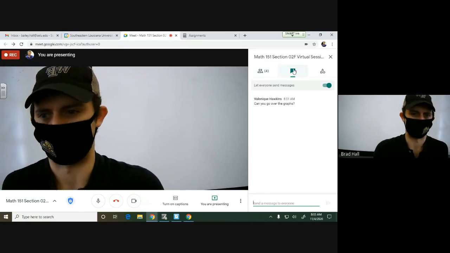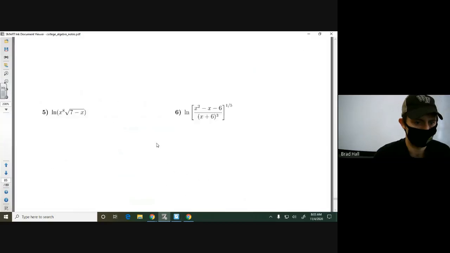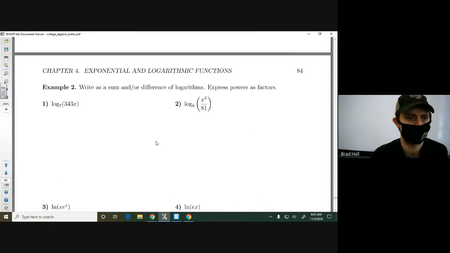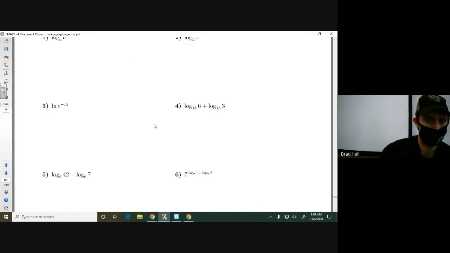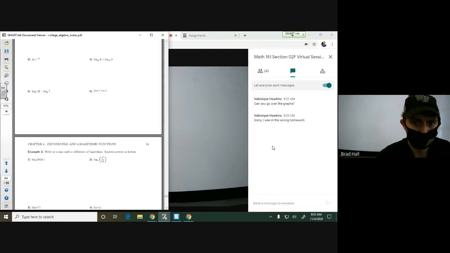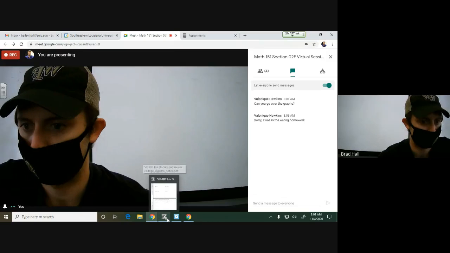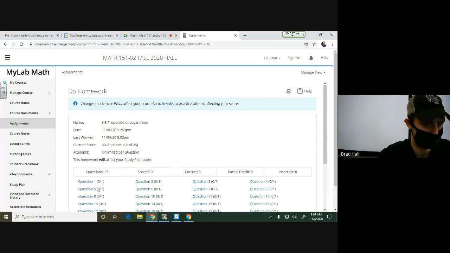I'm not too sure about the graphs. I think this is a section solely based off of just logarithmic problems, just solving problems algebraically. Oh, that's okay. Let me see what I haven't talked about, and I'll talk about those in the homework.